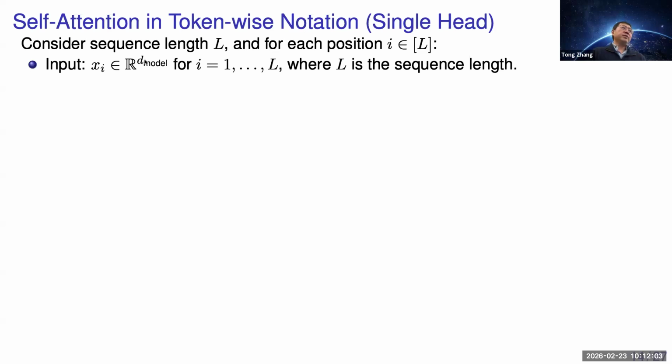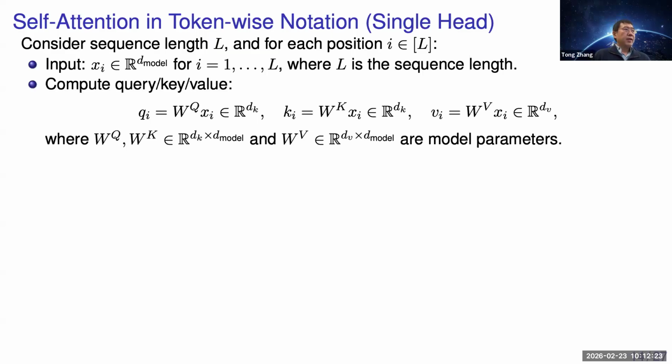It has a dimension, the so-called d_model, which is the representation of each token. You have L tokens, each token a vector representation of that particular token, where L is the sequence length, and you form a key, V.